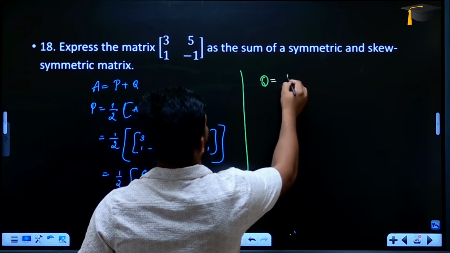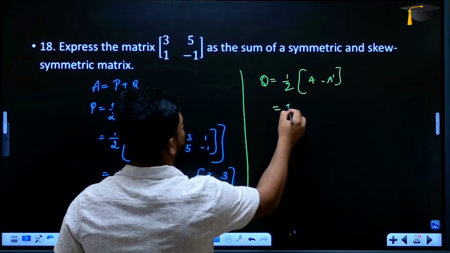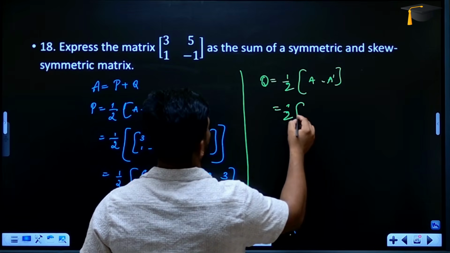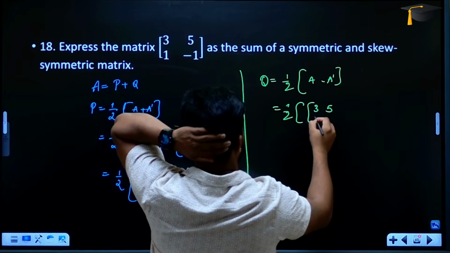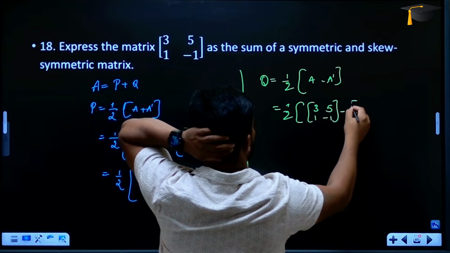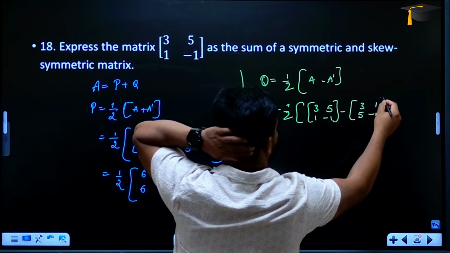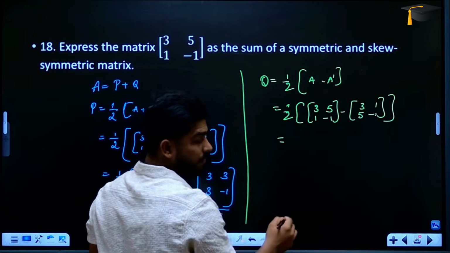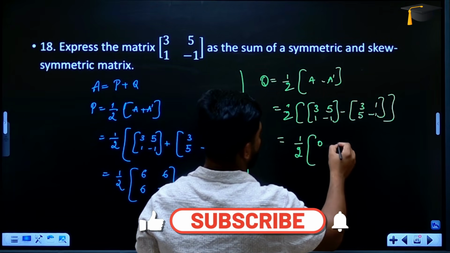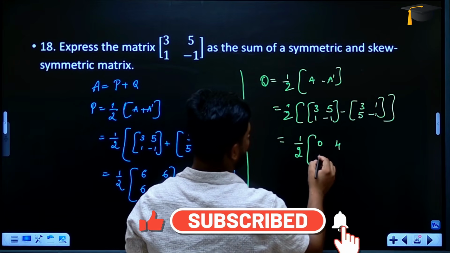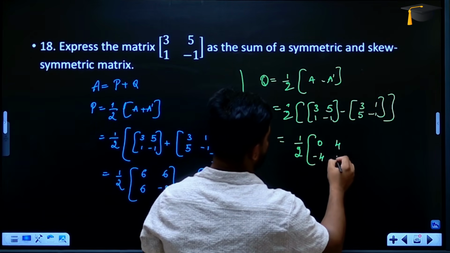Okay, so next Q. Q is equal to half of A minus A dash. So half of A is, once again, 3, 5, 1 minus 1 minus 3, 5, 1 minus 1. So it becomes 1 by 2 of 3 minus 3 is 0, 5 minus 1 is 4, 1 minus 5 is minus 4, and 1 minus of minus 1 is 0, right?